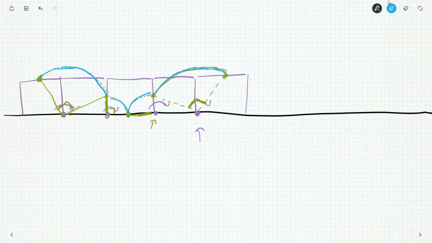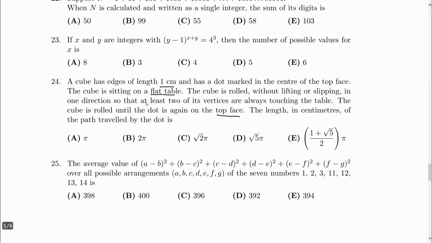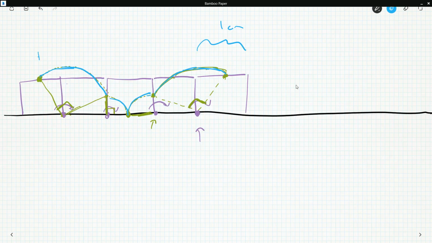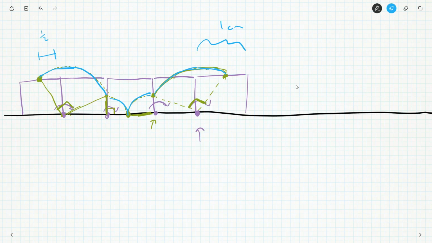Okay. Now, we know that the side length is 1 centimeter. And the dot is positioned, I believe they said, in the center of the top face, so it would be halfway. So it's 1/2 a centimeter this way, and if we enlarge this area, here's the dot, here's the pivot point, 1 centimeter, 1/2 centimeter.